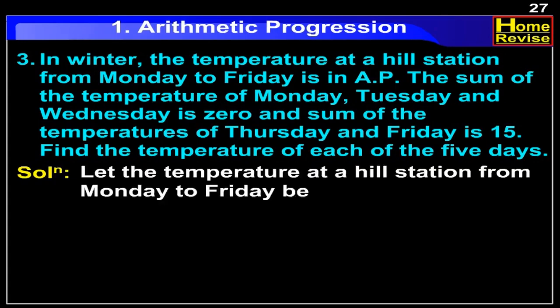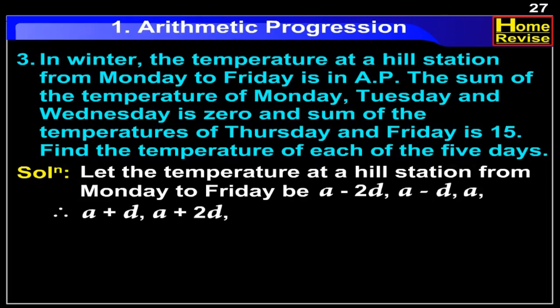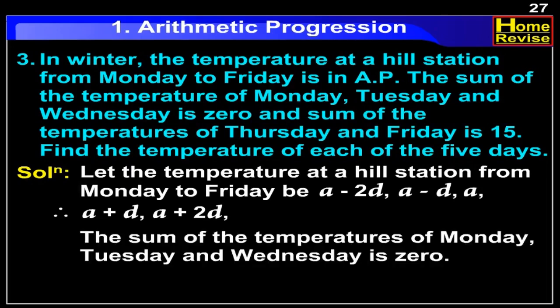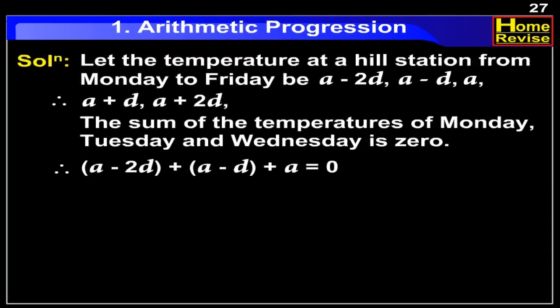Solution. Let the temperature at hill station from Monday to Friday be a minus 2d, a minus d, a, a plus d and a plus 2d. The sum of temperatures of Monday, Tuesday and Wednesday is 0. Therefore, we have a minus 2d plus a minus d plus a is equal to 0.